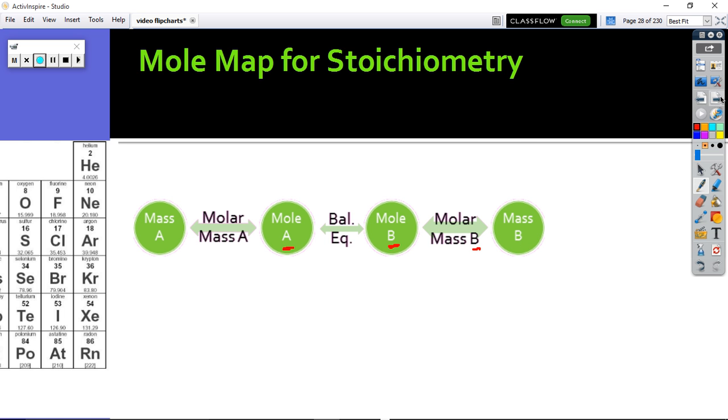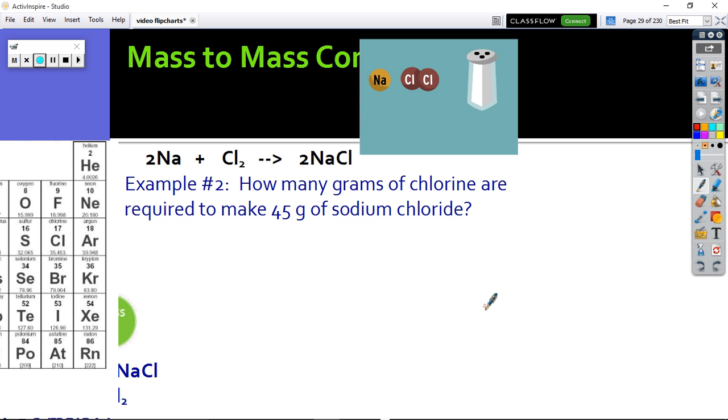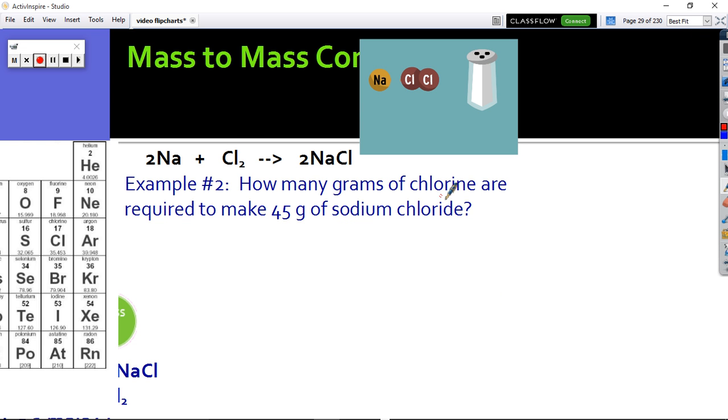On this problem we have how many grams of chlorine, so I'm looking for chlorine, how many grams of chlorine are required to make 45 grams of sodium chloride. So 45 grams of this. Let's take a look at our conversion, or our mole map.